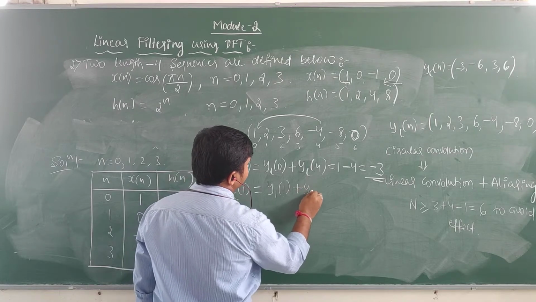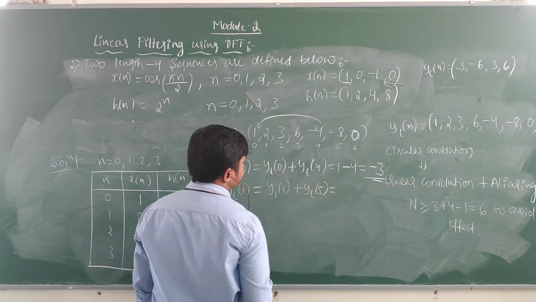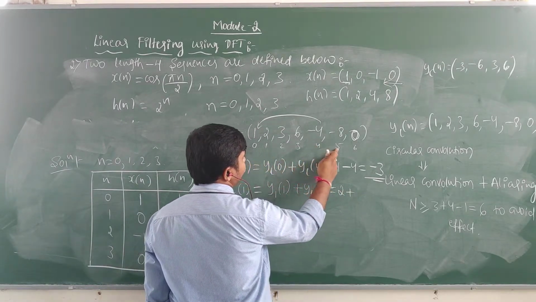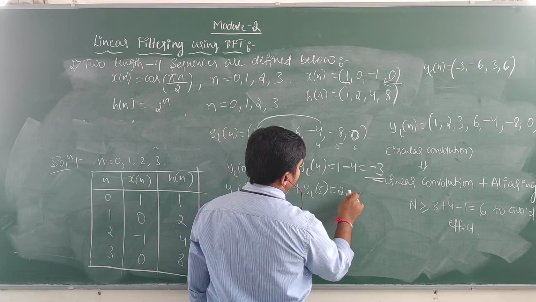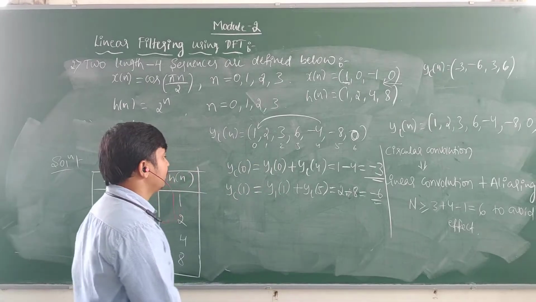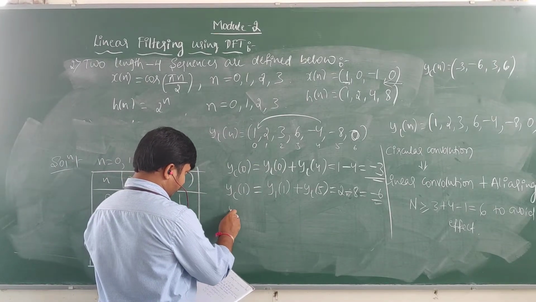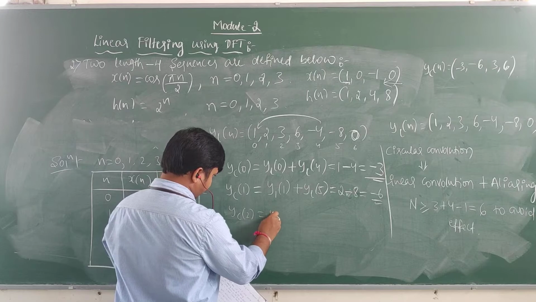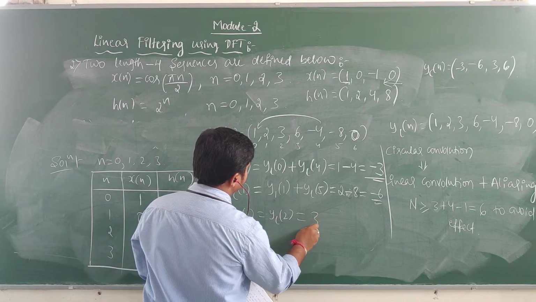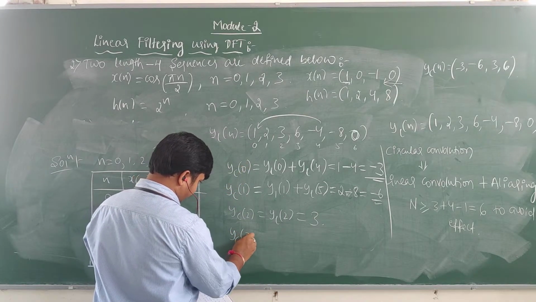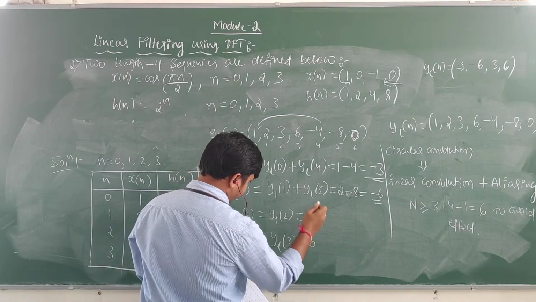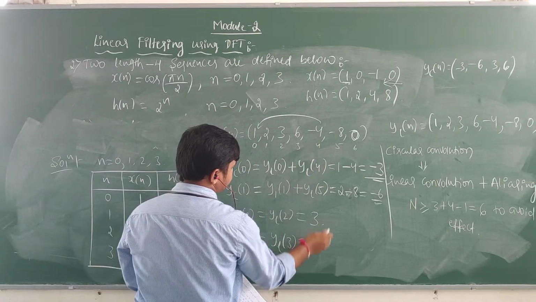Then yC of 1 is equal to yL of 1 plus yL of 5. yL of 1 is 2, plus yL of 5 is minus 8, so 2 minus 8 is minus 6. Next, yC of 2 is equal to yL of 2, which is 3. yC of 3 is equal to yL of 3, which is 6.